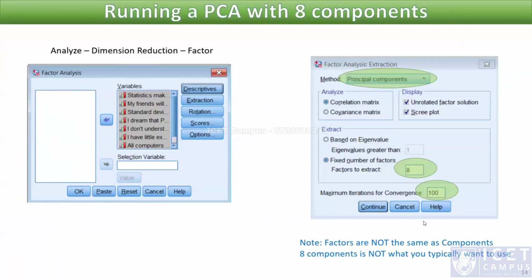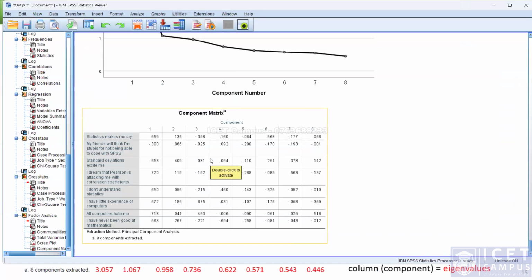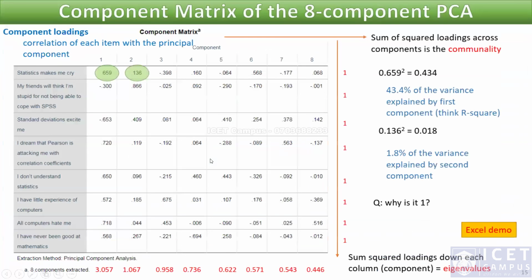Then we can take this table. You can see the component loadings here, the correlation of each item with the principal components.